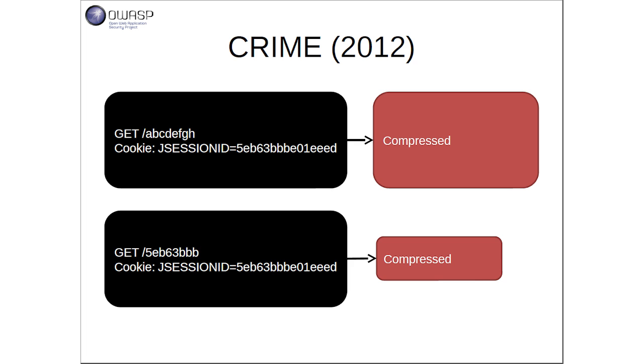The CRIME attack. It's yet another clever acronym: compression ratio info-leak made easy. So what they realized was that if you're sending a message and the message is completely different, there's nothing being reused, you get very bad compression.